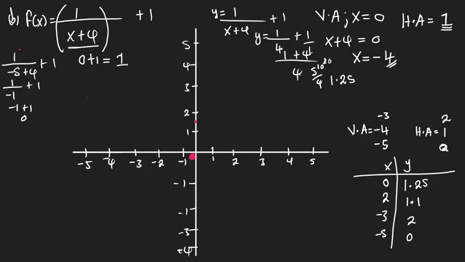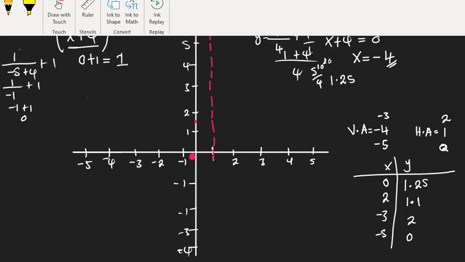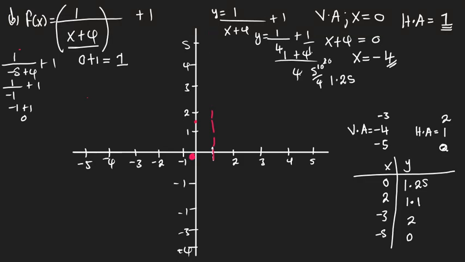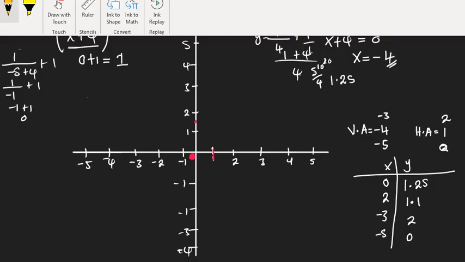So wait, let's sketch our vertical asymptote first. Vertical asymptote is here. Our vertical asymptote is at -4.